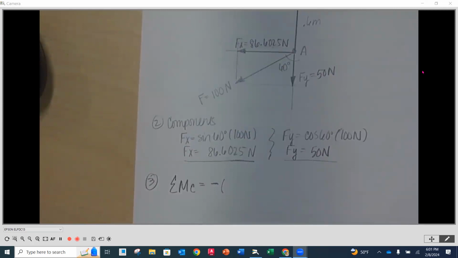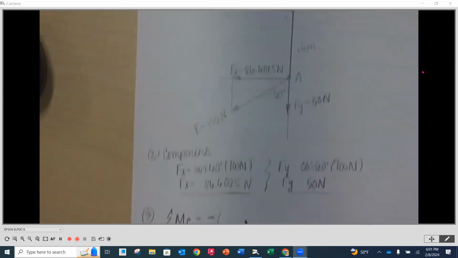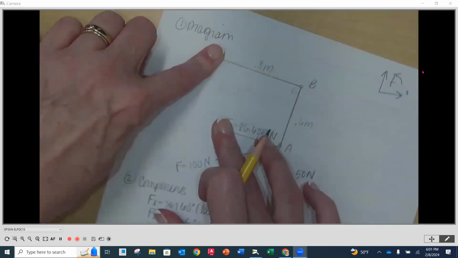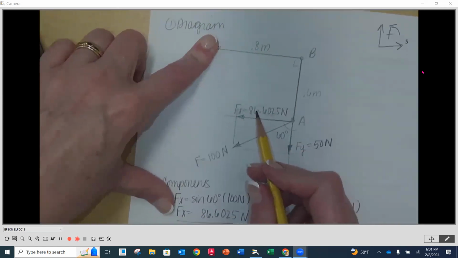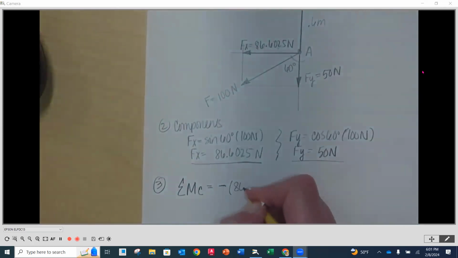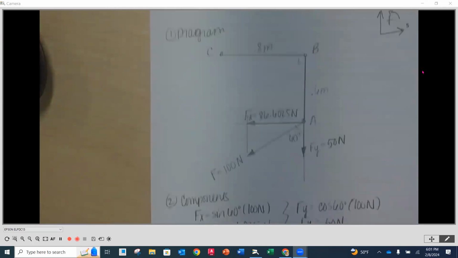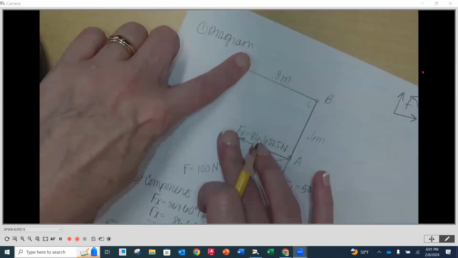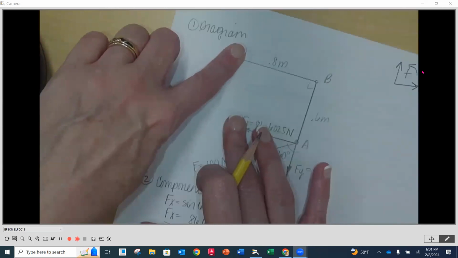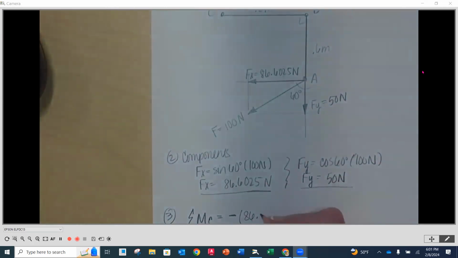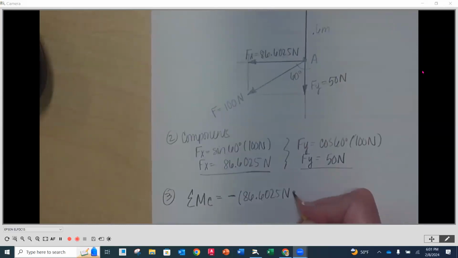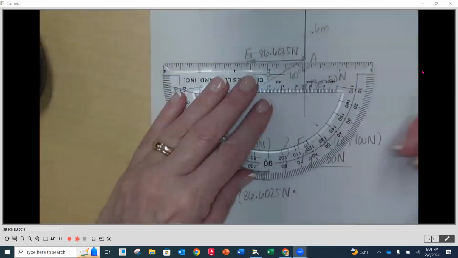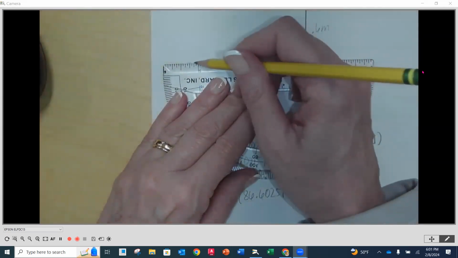Now, in the parentheses, what's the magnitude of the force that I'm going to write right here? It's the 86, right? 86.6. Nope, I'll get there, but this one's causing rotation, right? That's the one we're pulling in. So 86.6025 newtons is my force causing rotation times perpendicular distance. Move this one along its line of action a little bit. Move it forward.